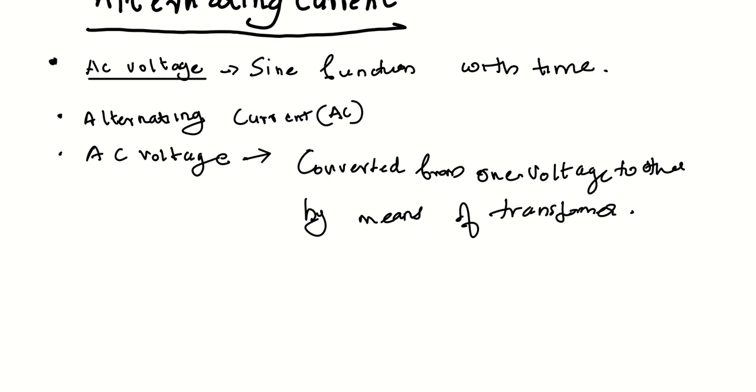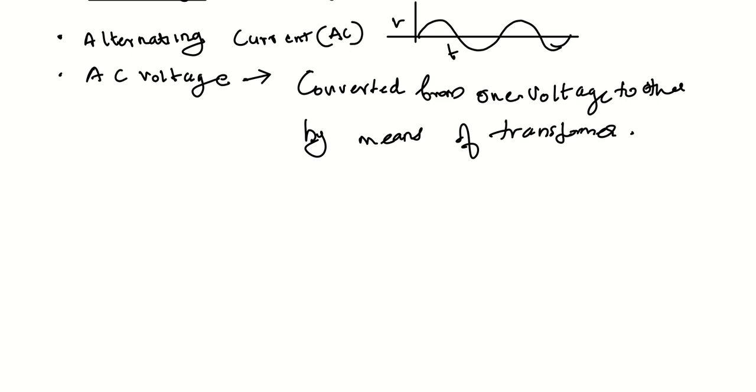We can represent AC voltage as a sine function of time. Why is AC voltage preferable to DC voltage? Because it can be converted easily and efficiently from one voltage to another by means of a transformer, and the electrical energy can be transmitted economically over a long distance.